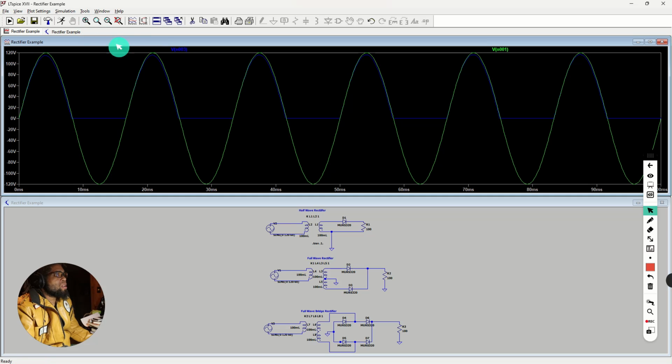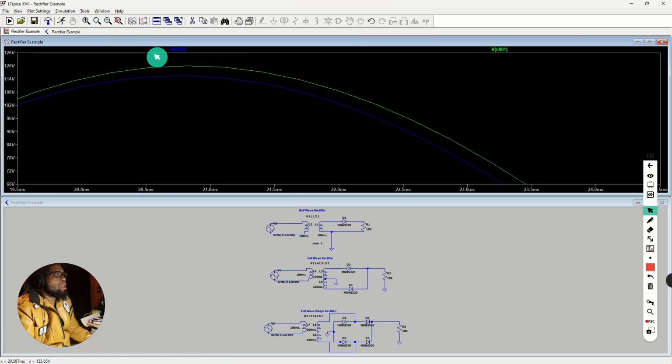If I can zoom in here, I don't know if I can. There we go. If I zoom in here, this is the top crest of the positive cycle. As you can see, the blue line, which is our output, is just below. If we look at the scale here, this goes almost all the way up.